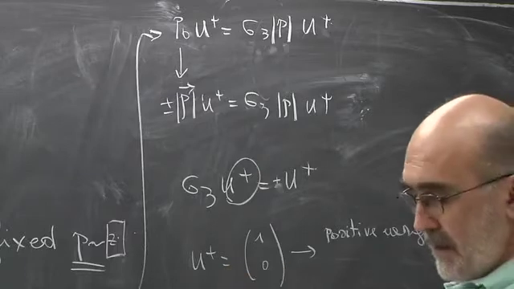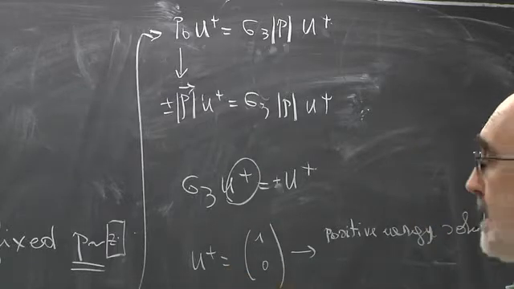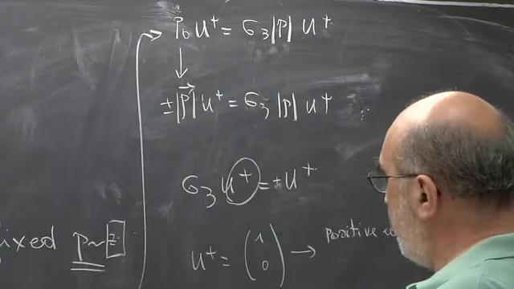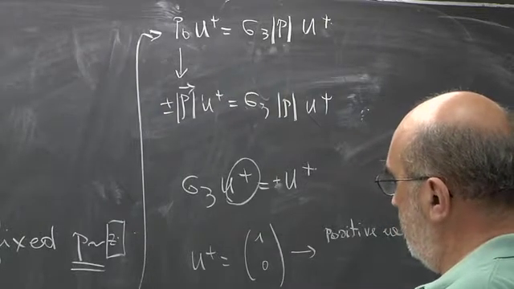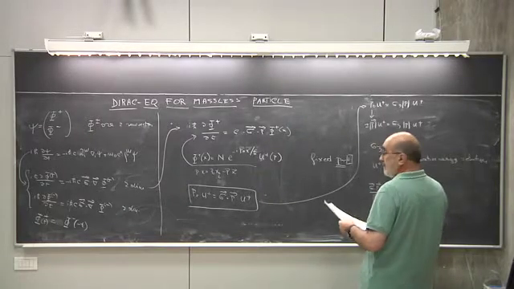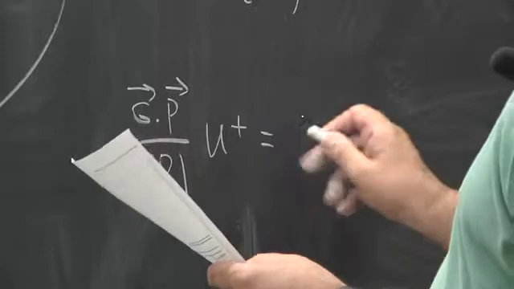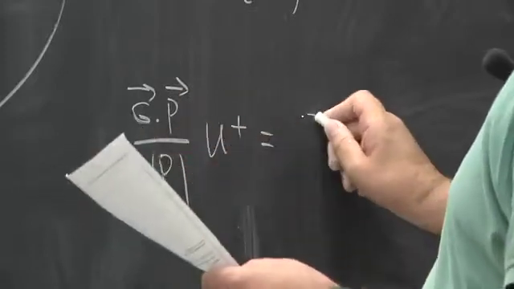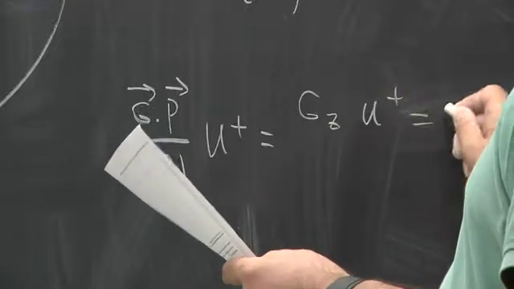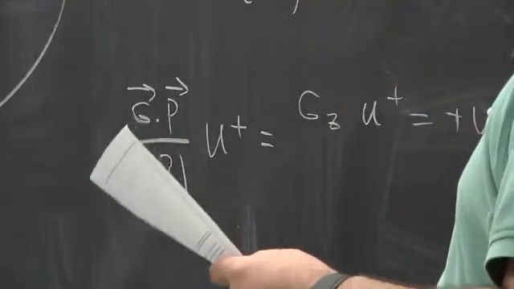And let's see if this solution has some helicity. Let's take the helicity operator and apply it on U plus. It is easy to see that this is sigma z, P and P cancel, U plus, and with this solution, it is plus.